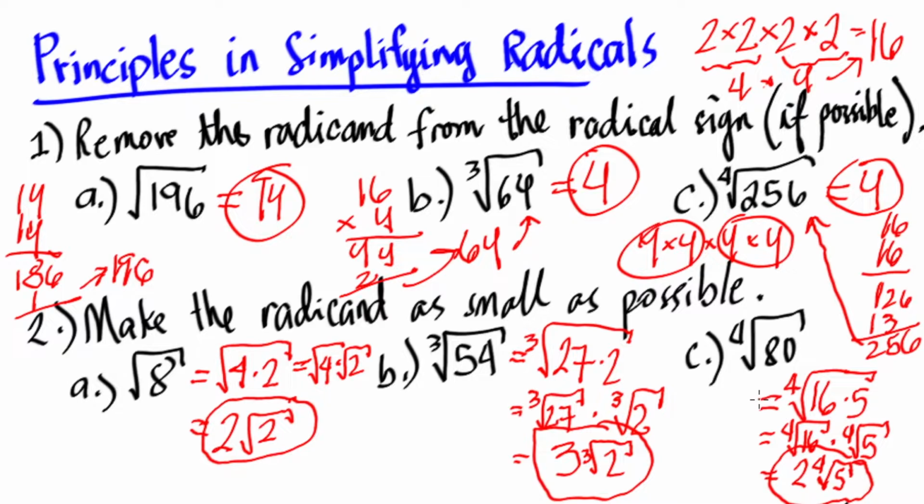One thing to keep in mind here is that you should also be good with your multiplication table, and have some familiarity in squaring and cubing numbers, because without them, this will be quite tasking for you. For the 54, we know that a factor of 54 is 27, which is a perfect cube, so the cube root of 27 will become 3.